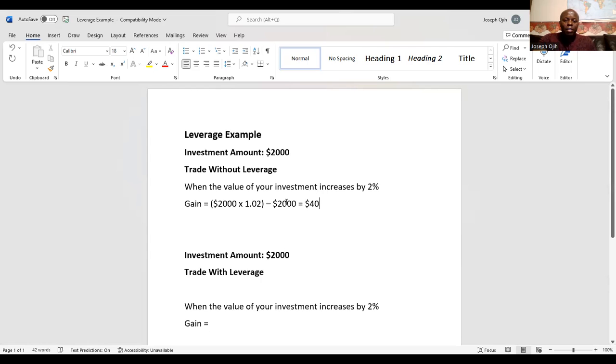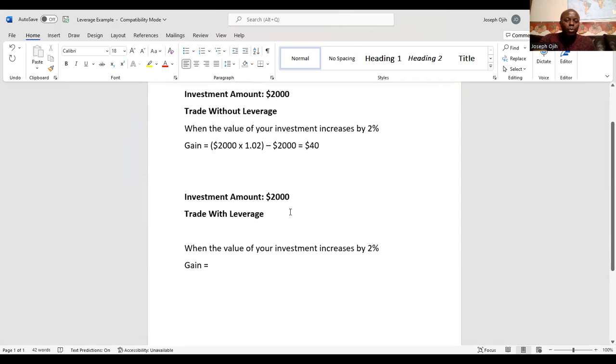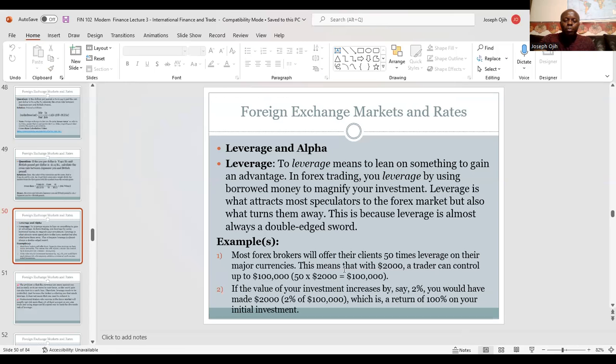Now let's examine this same trade with leverage. Like I mentioned in my discussion, most forex brokers will offer their clients 50 times leverage on their major currencies.